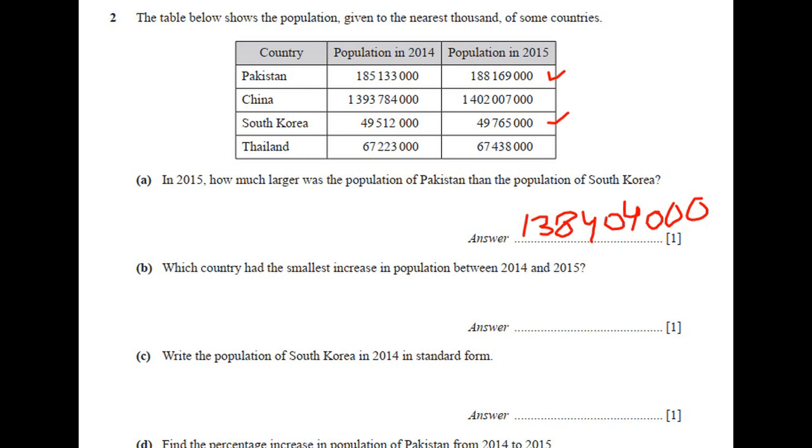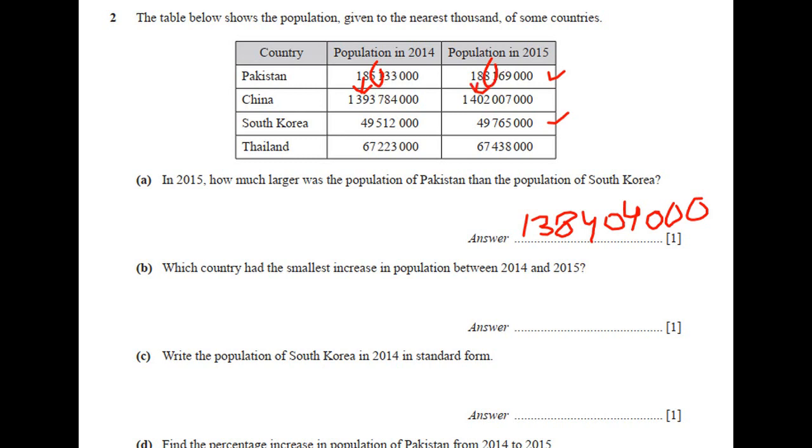Part B. Which country had the smallest increase in population between 2014 and 2015? So Pakistan's population is increasing drastically since this 5 is changing into this 8. So it's a huge increase. Then same for China's population, it has an even bigger increase because this 3 is changing into 4.